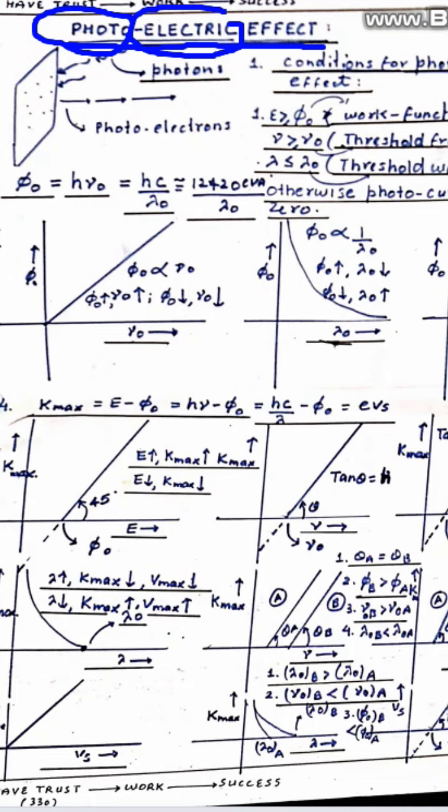This effect was observed by Heinrich Hertz when doing experiments on conduction of electricity through gases in vacuum tubes. And he just observed that the sparking between the electrons increases substantially when the cathode was irradiated with UV rays basically.